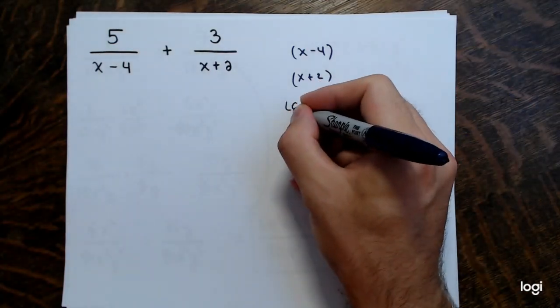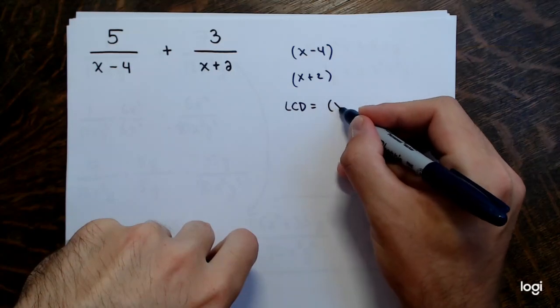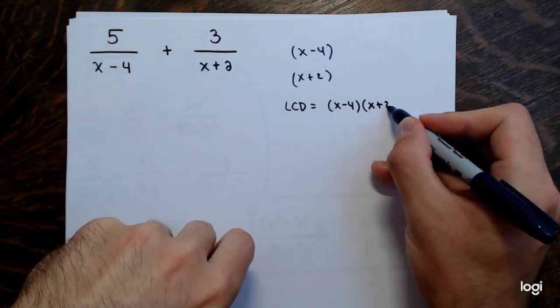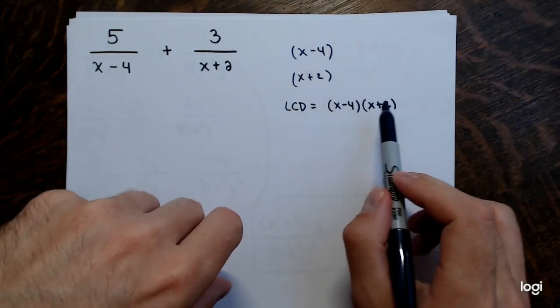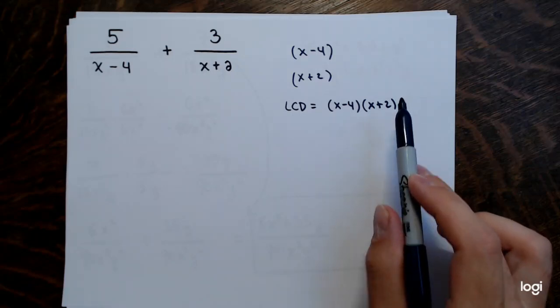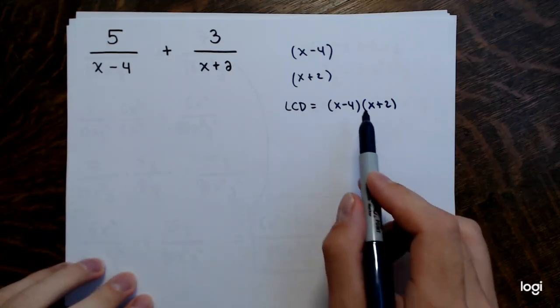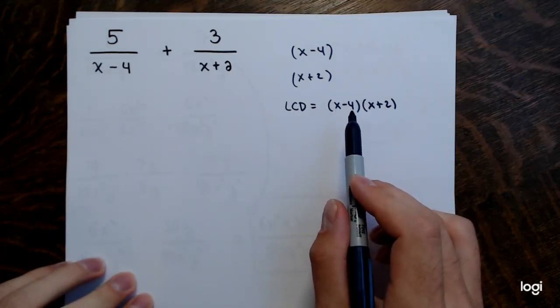So the LCD is going to have a factor of x minus 4 to some power and a factor of x plus 2 to some power, and they both only appear once, so it's just x minus 4 to the first times x plus 2 to the first. There's your LCD. And if you want to multiply this out, fine, make it x squared minus 2x minus 8.